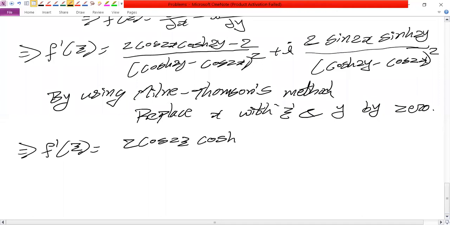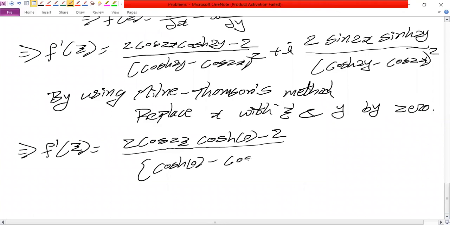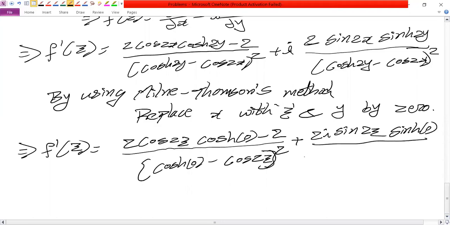So 2y is nothing but 0, minus 2 by (cosh 0 minus cos 2z) whole square plus 2i into sin 2z into sinh of 0 by the denominator, which will be the same.